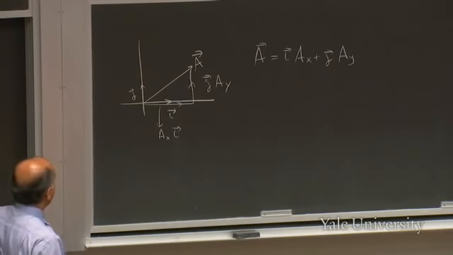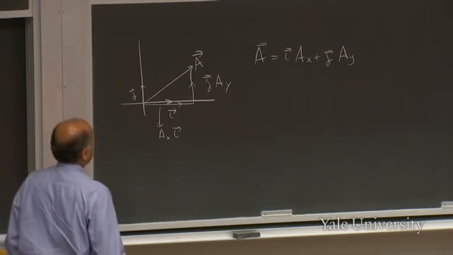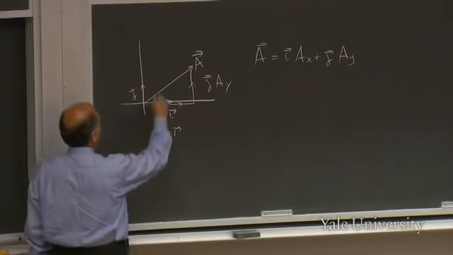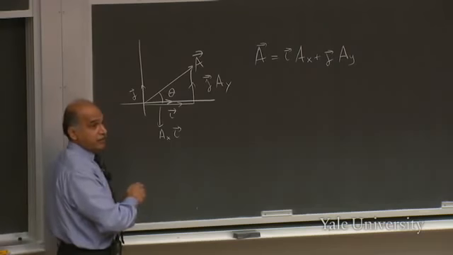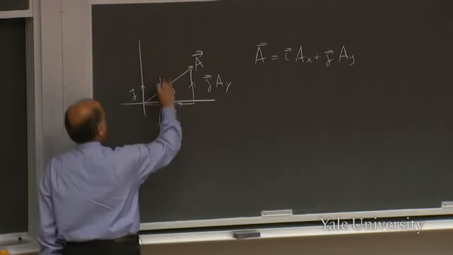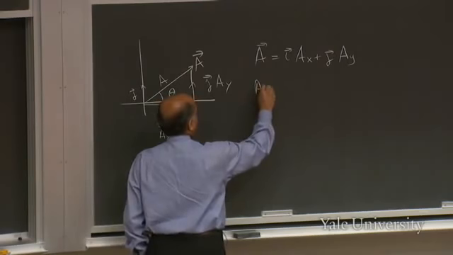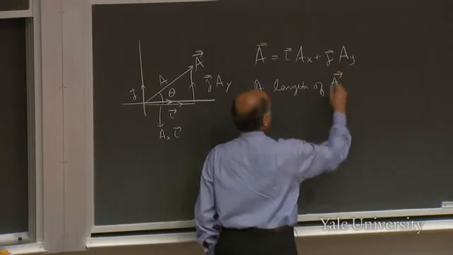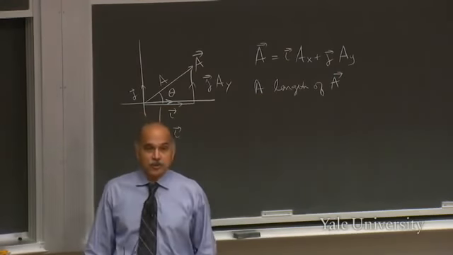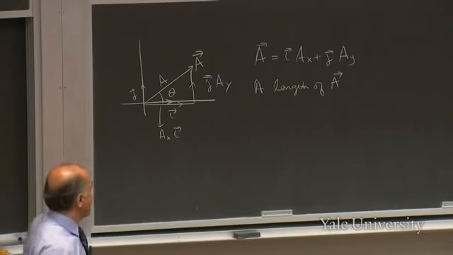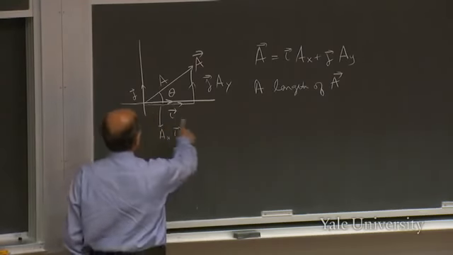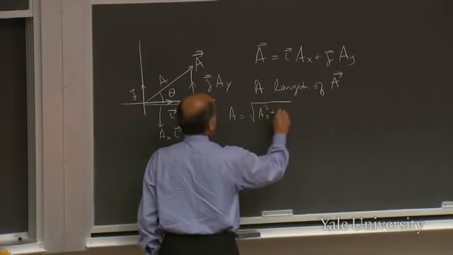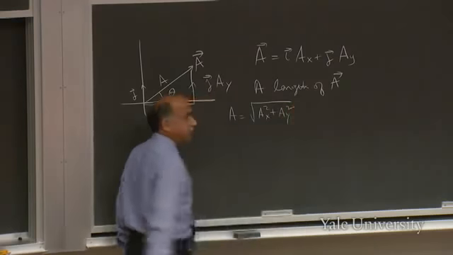So you can ask yourself, if you gave me a particular vector, what do I use for Ax and Ay? Well, you can see from trigonometry that if this angle was theta here, and the length of the vector I'm going to call A. If you drop the arrow, the usual convention is you're talking about the length of the vector A. First of all, it's clear from the Pythagoras theorem that A is the square root of Ax squared plus Ay squared.